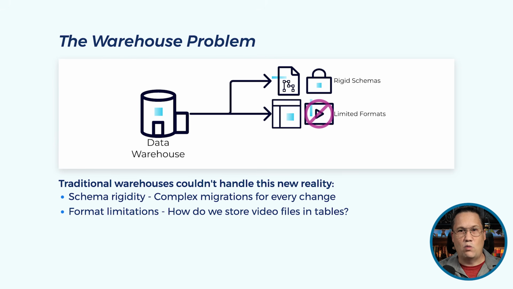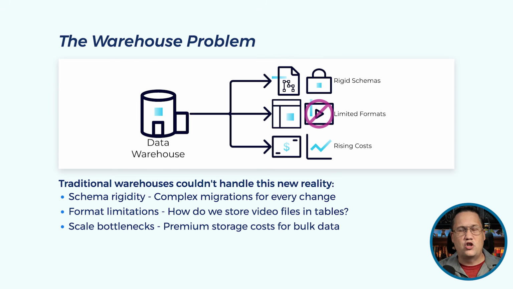And while modern data warehouses have improved handling of structured types like JSON, they still don't have effective solutions for less structured types. How do we store a video file in a database table? What about an XML document? And with terabytes of data, traditional warehouse architectures struggled to scale economically. The world moved beyond structured data, but storage solutions hadn't kept up.